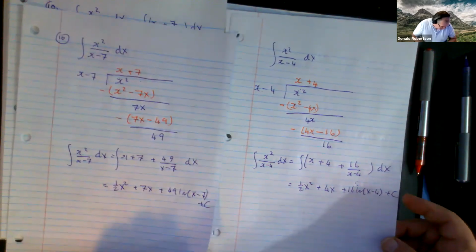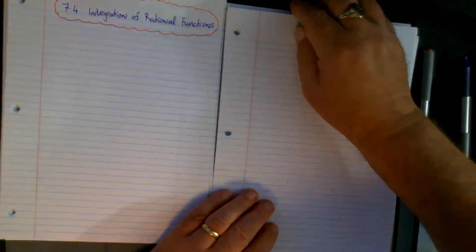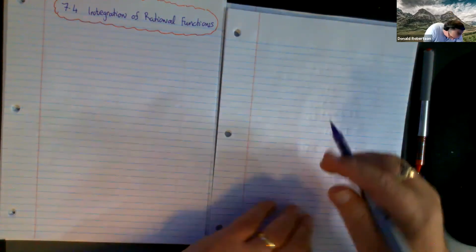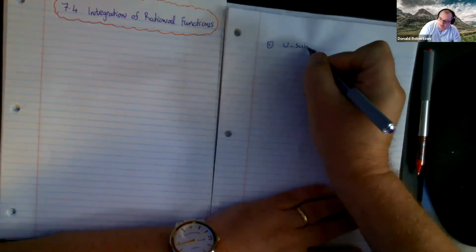Well, we are now officially, because I'm excited to show you these guys, because I'm going to get you to revise lots of different techniques. Now, what kind of techniques have we got? Well, we've got U subs, right?